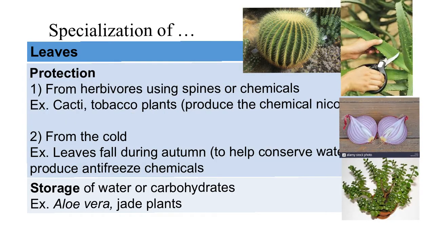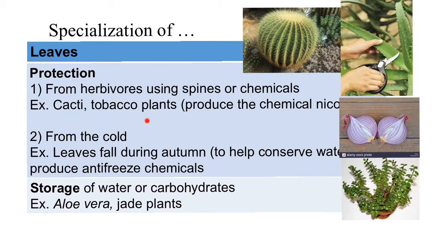Now, I mentioned earlier that the function of leaves was to perform photosynthesis, gas exchange, and protection. Well, some leaves are really specialized for protection. As you can see here, we have a cactus. So cactuses will produce spines to help protect them from being eaten.